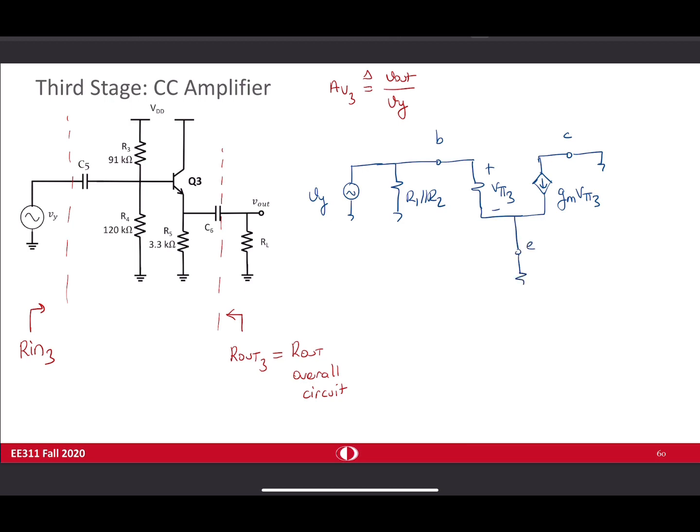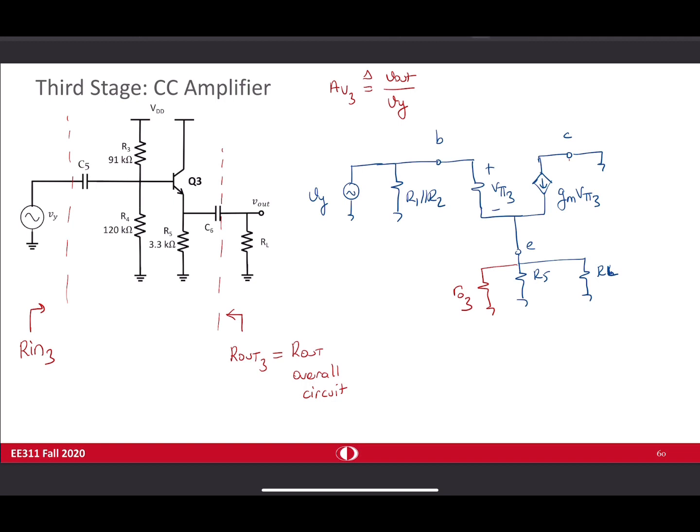At the emitter I have R5 and R6, of course, sorry, RL. RO is in here, but since one end is grounded, I'm not gonna put it there, I'm gonna put it in here. It's not gonna change any result because one end is already grounded, so I can erase that Rout over there and I can put it in here.